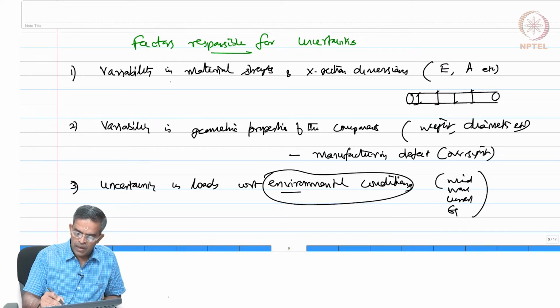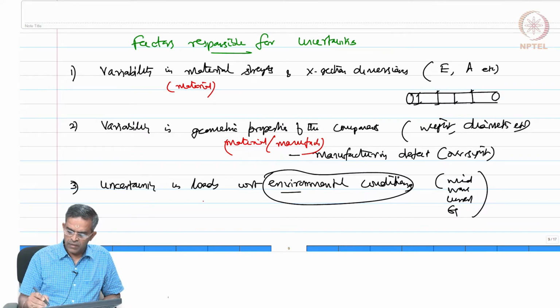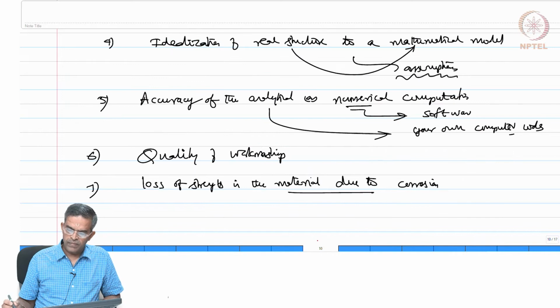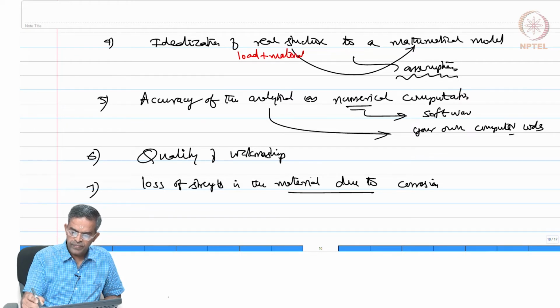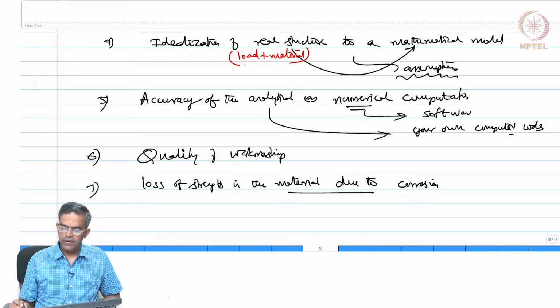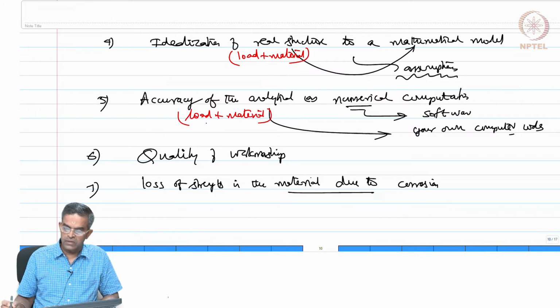Let us say this comes from the material, this also comes from the material or manufacturing, this comes from the load, this comes from both load and material, this also comes from load and material, because there can be analytical issues in this.